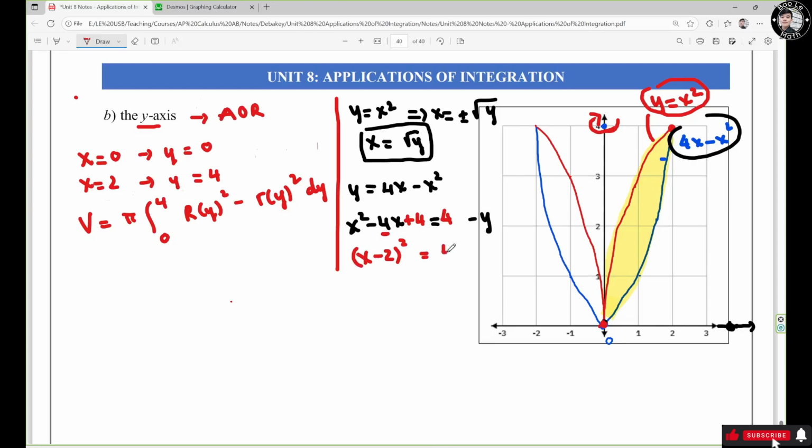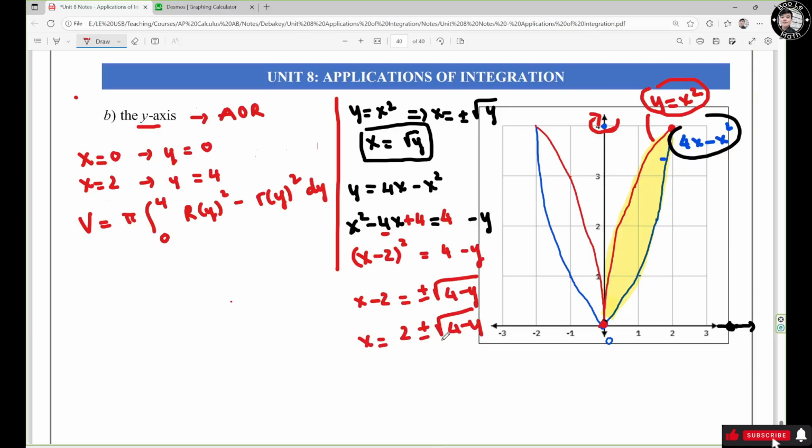The right-hand side is 4 minus y, right? Take square root both sides, you have s minus 2 equals plus and minus square root of 4 minus y, right? And then add 2 both sides, s equals 2 plus and minus square root of 4 minus y, right?